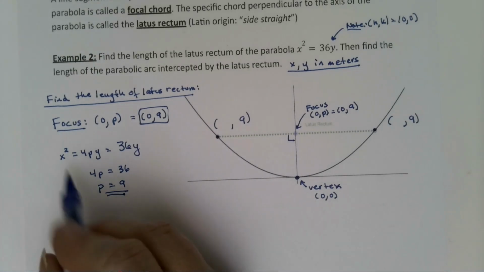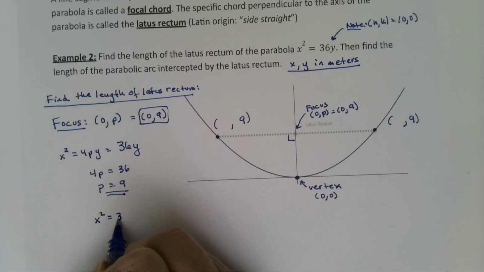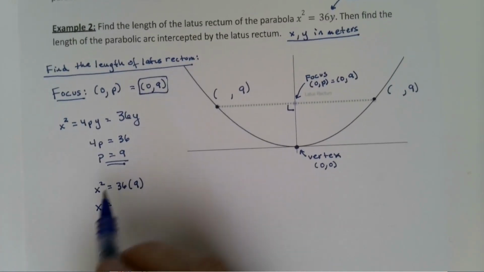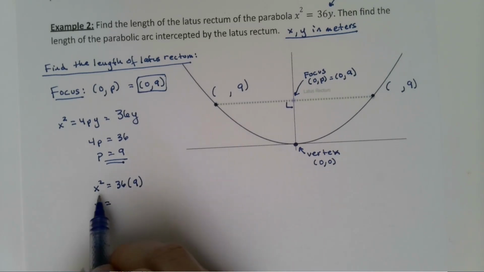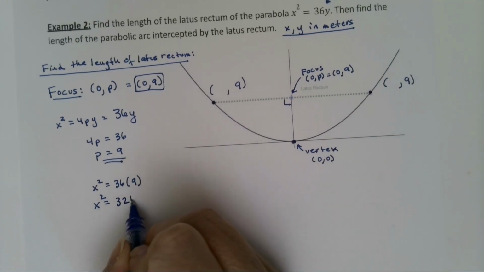So I can substitute and say, x squared equals 36 times 9. Therefore x squared is equal to 9 times 36, which is 324.